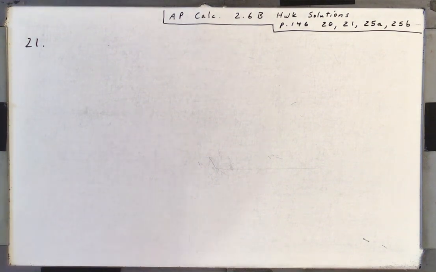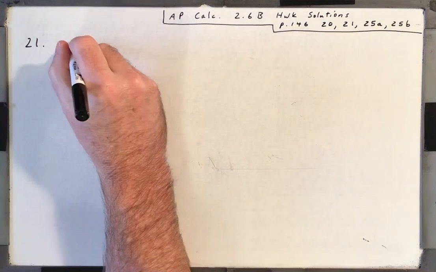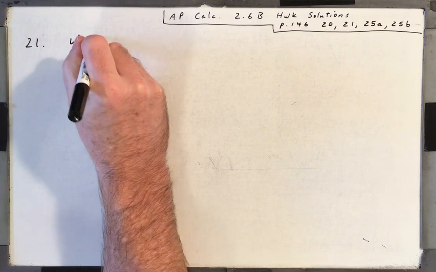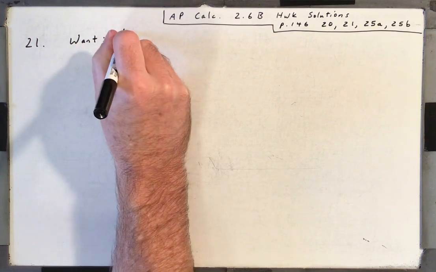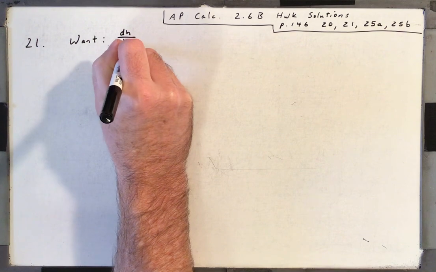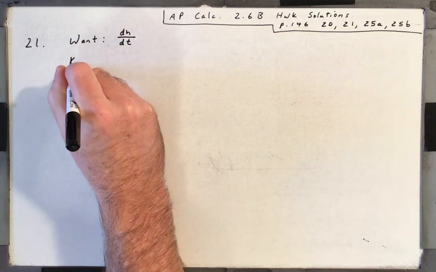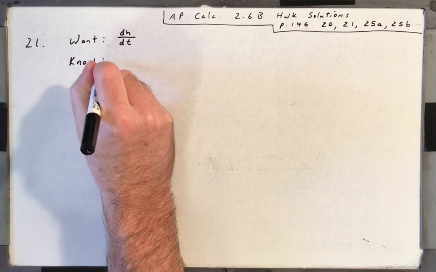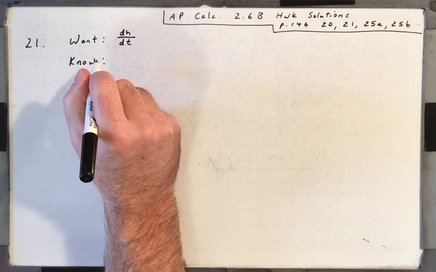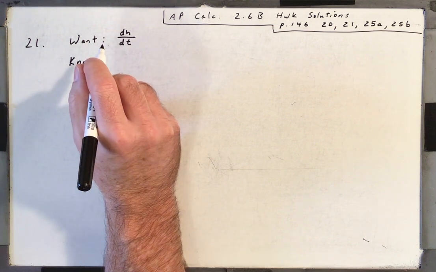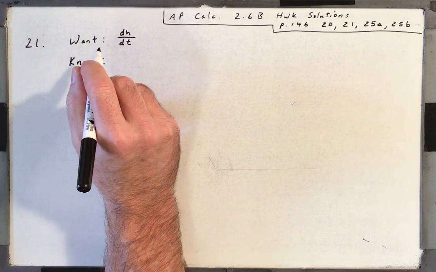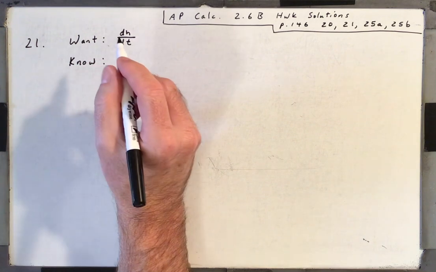So this time, at what rate is the height of the pile changing? So what we want is dH/dt. What we know is it says 10 cubic feet per minute.